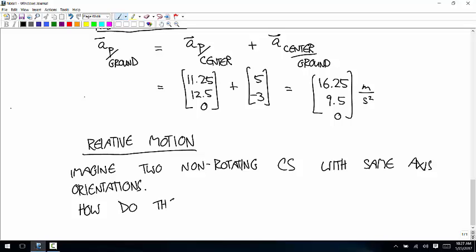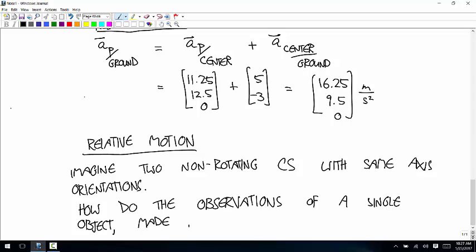How do the observations of a single object made in these two coordinate systems compare?